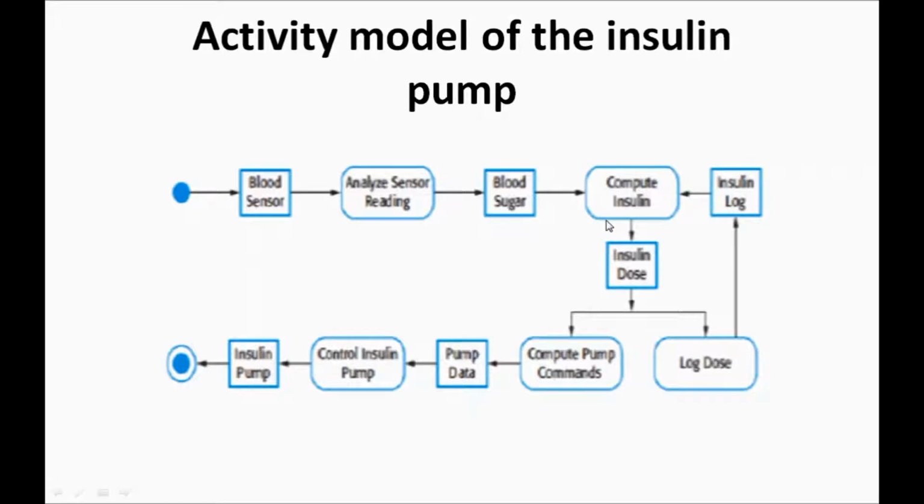Once the amount of insulin is computed, it is sent to the component called insulin dose. The amount of insulin dose is sent to the pump. Along with that, the insulin data is also stored in the log, for future use.